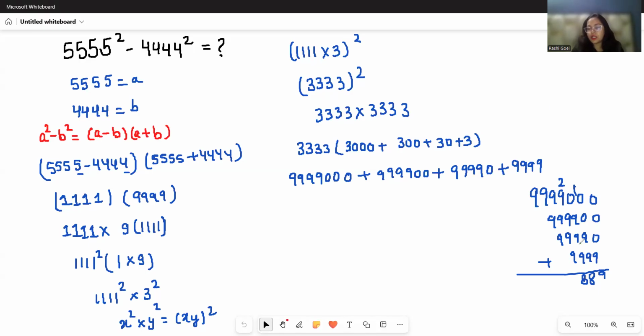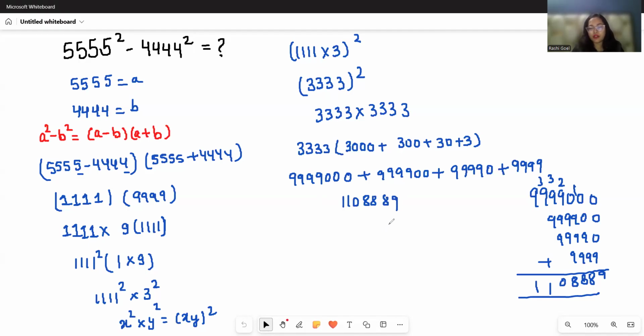Now it becomes 36 plus 2, 38. Now it becomes 27 plus 3, 30. Now this becomes 9, 11 and 1. So this becomes 11088889.